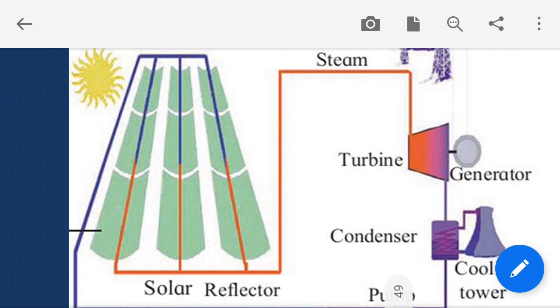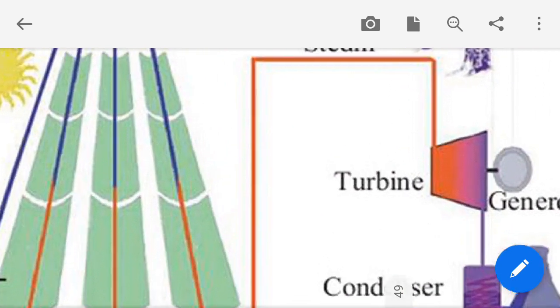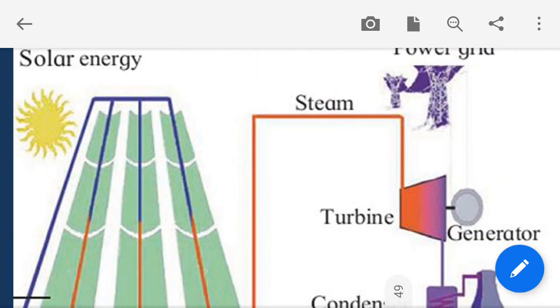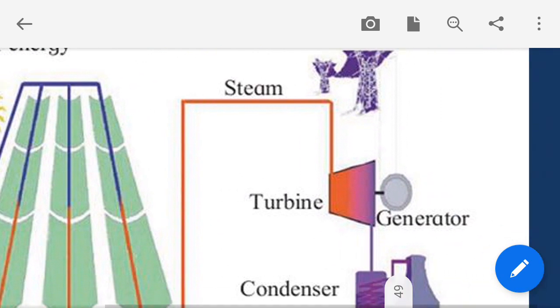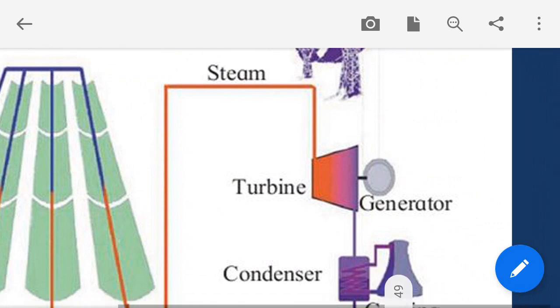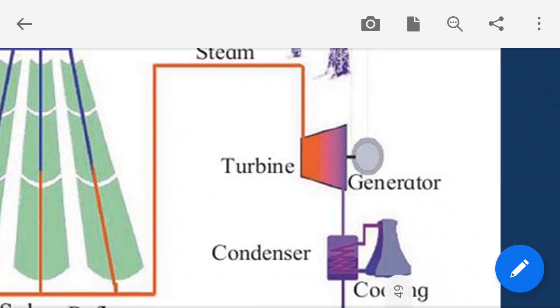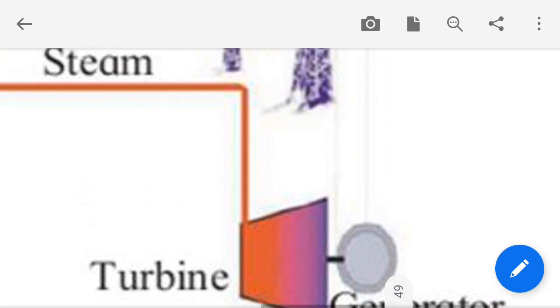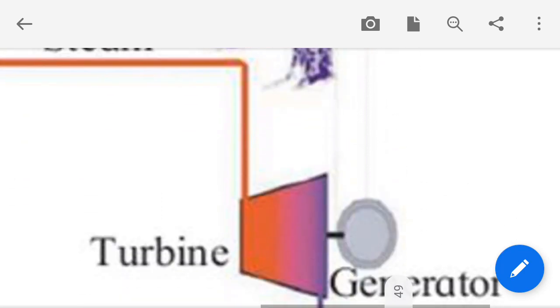Now this steam is passed over the turbine. Due to high pressure, high temperature steam, the turbine starts rotating, and this turbine is connected to the generator. Inside the generator we have a rotating magnetic field, and according to the principle of electromagnetic induction, the generator generates electricity which is passed to the power grid.